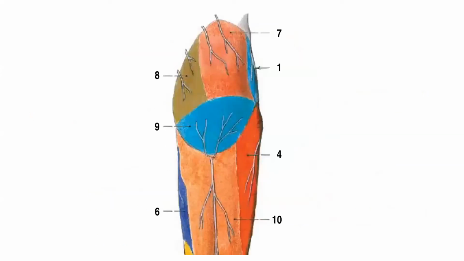But we have another exception, which supplies the skin of the gluteal region. These nerves that you can see in this area supply the superior and somewhat lateral part of the gluteal region.